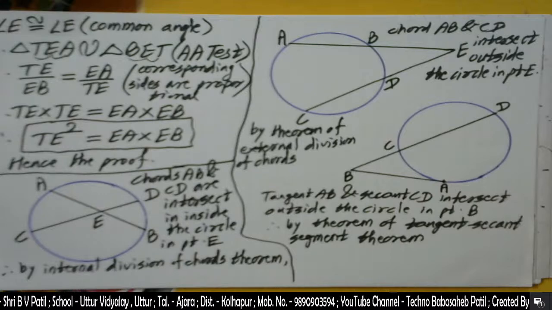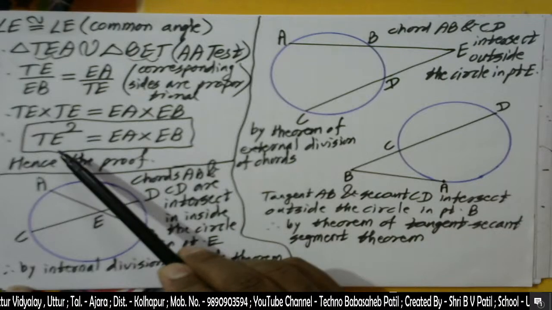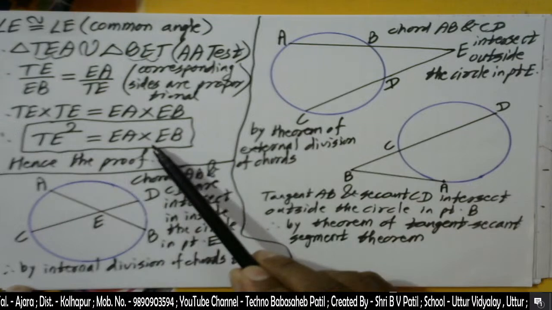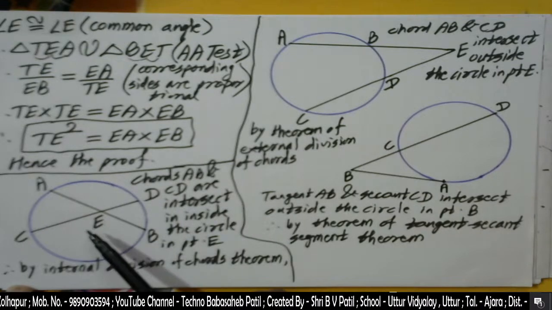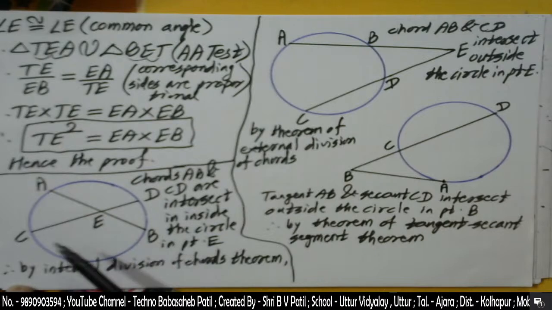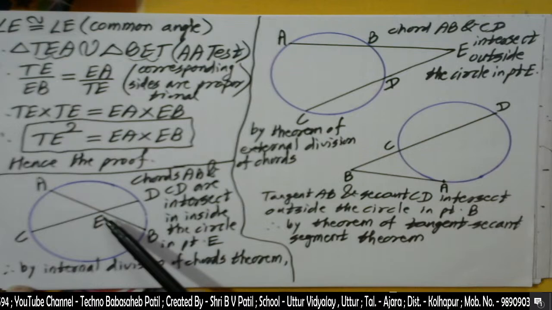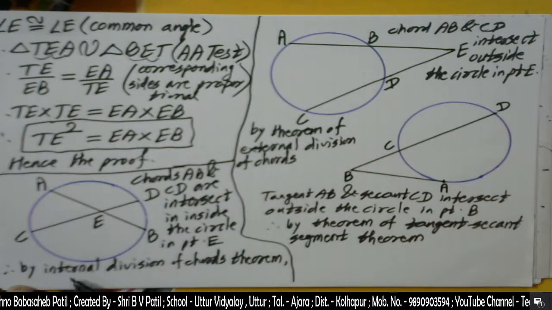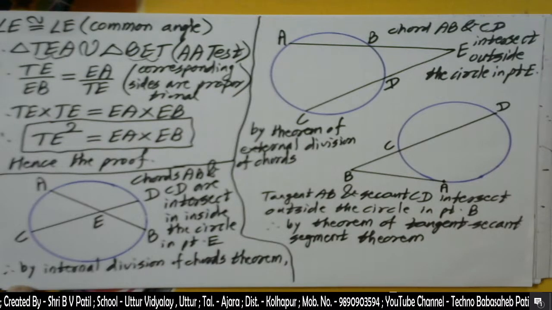In the previous period, we discussed the tangent secant segment theorem. Here in the first figure, chord AB and chord CD intersect inside the circle at point E. Therefore, by the internal division of chords theorem, what do we write?